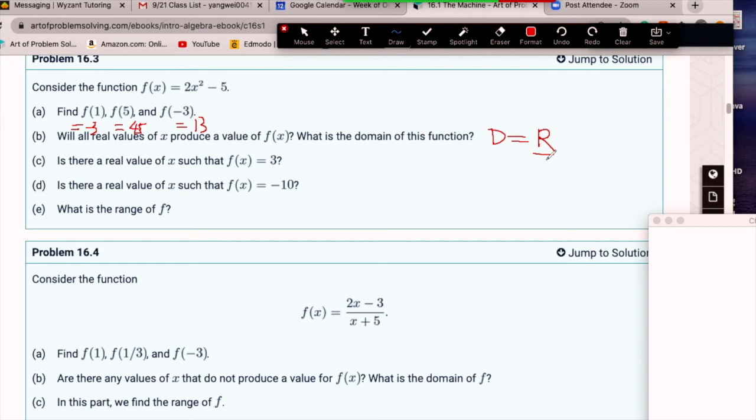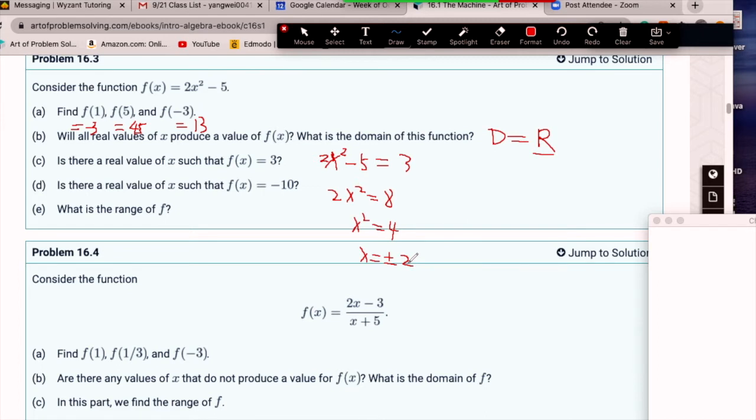C. Is there a real value of x such that f(x) equals 3? That means you need to solve this equation: 2x squared minus 5 equals 3. Then both sides plus 5, you get 2x squared equals 8. So x squared equals 4, which means x equals plus or minus 2.